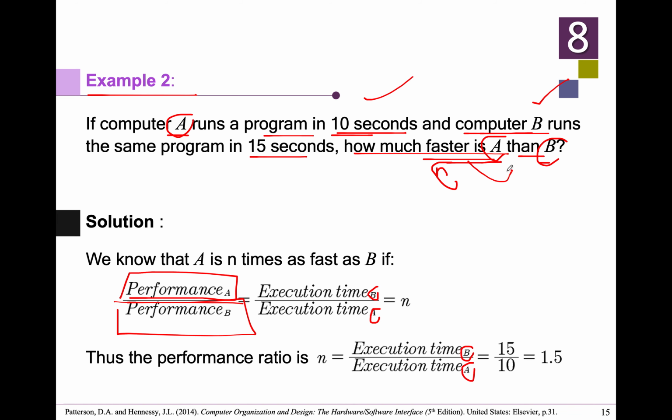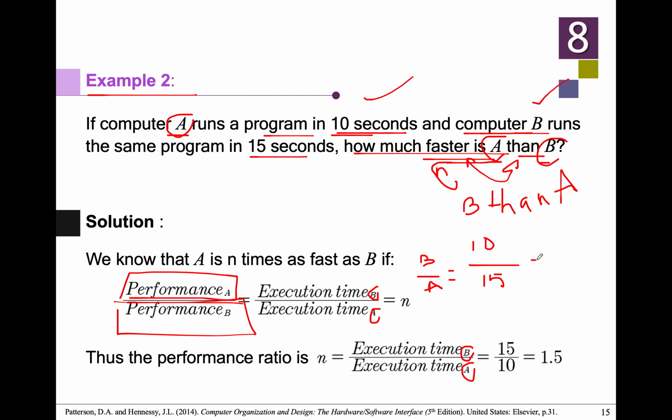Let's say the question asks you vice versa, how much faster B than A? So what you need to do, the performance of B compared to the performance of A equals the execution time for A over the execution time for B, which will be 10 and 15.